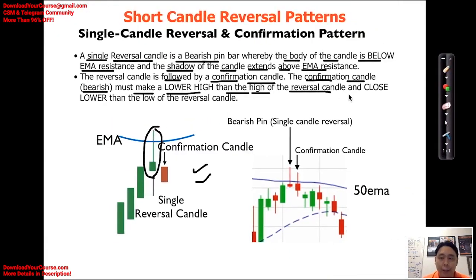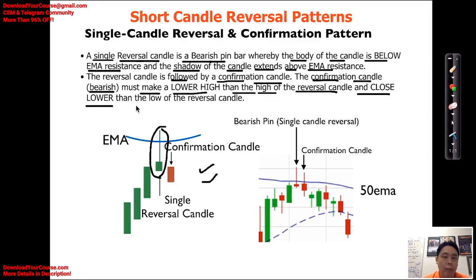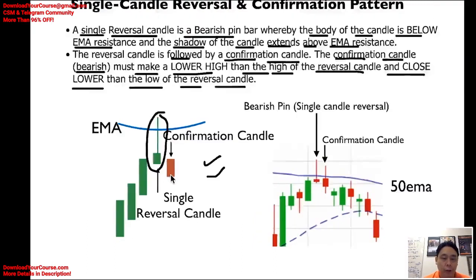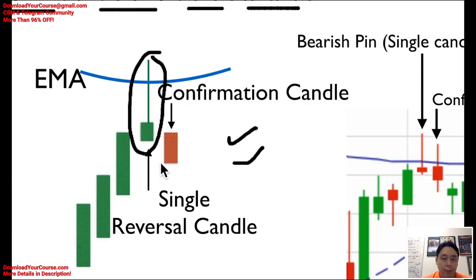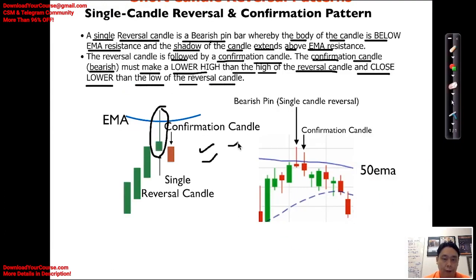And the confirmation candle must close lower than the low of the reversal candle. So that's the open, that's the close. It must close below the low of this candle. Check, check, with a confirmed reversal.